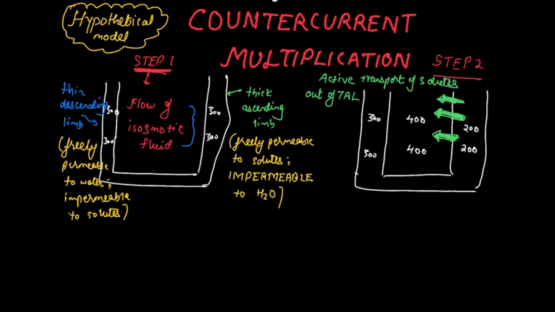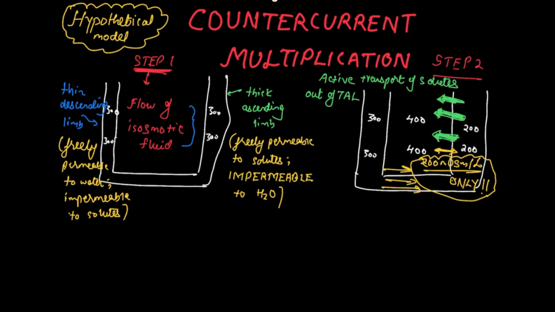This is because in the lumen the osmolarity is 200, while in the interstitium it can become 400 only. The thick ascending limb has the ability to establish only a 200 milliosmoles per liter concentration gradient, a phenomenon known as single effect.